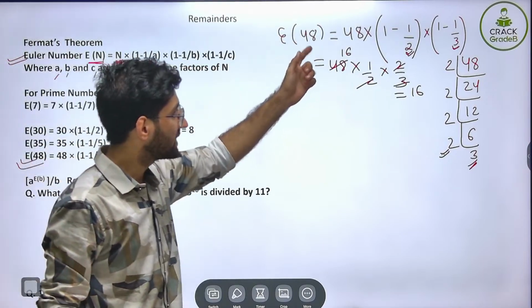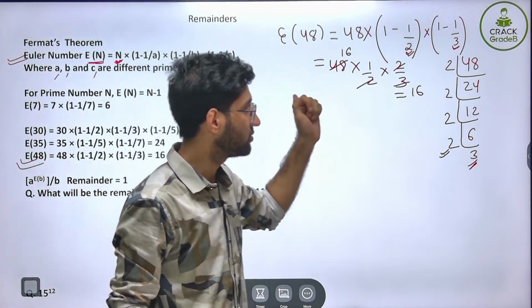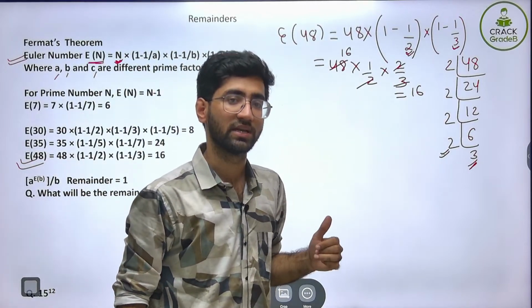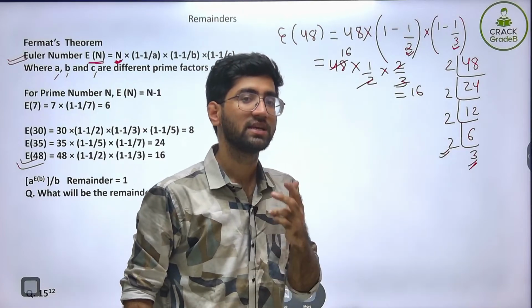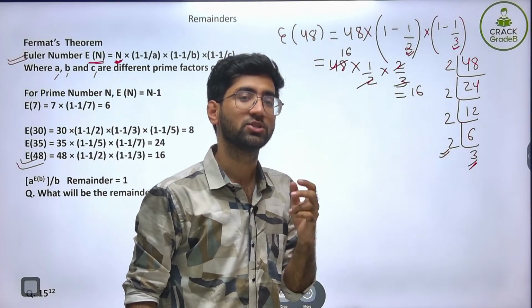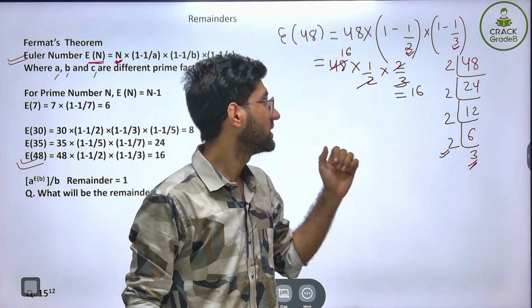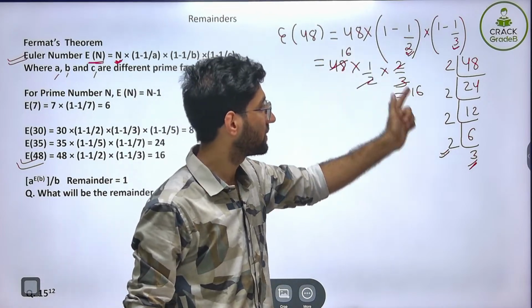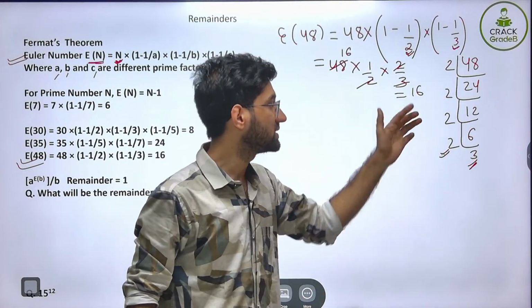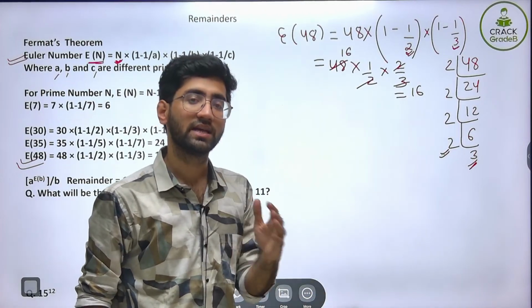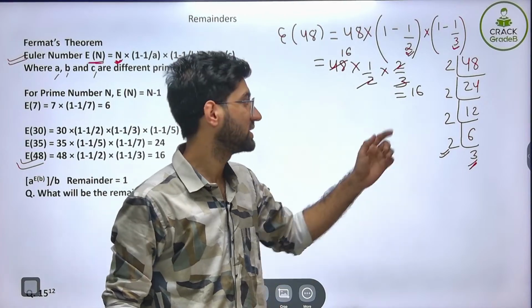So for 48, we prime factorized it, found that the prime numbers are 2 and 3, wrote 48 into 1 minus 1 by 2 into 1 minus 1 by 3, and after simplifying found that the Euler number of 48 is 16.